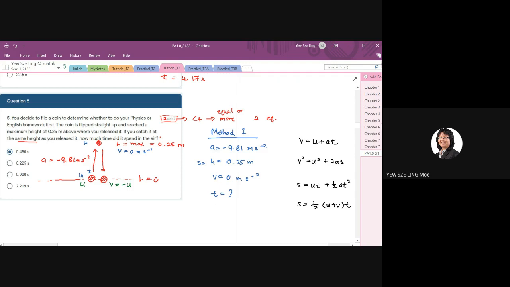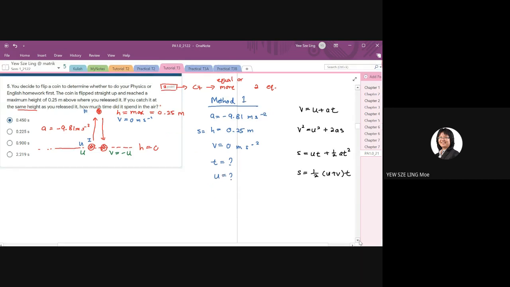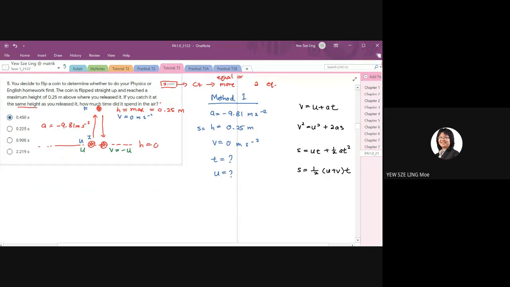So what I can do right now is find u first. I can determine u based on the information that I have, by using the second equation. v squared equals u squared plus 2as. From here, I have 0 equals u squared plus 2 times negative 9.81 times positive s. So from here, I obtain u, which equals... wait, let me calculate.